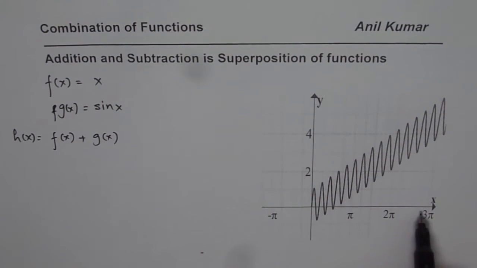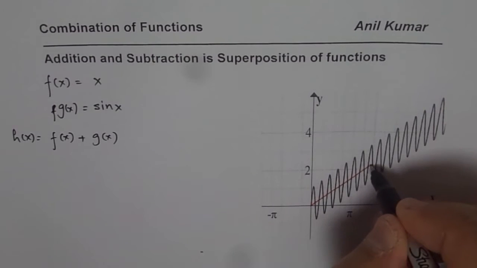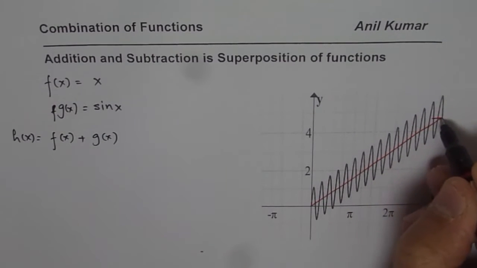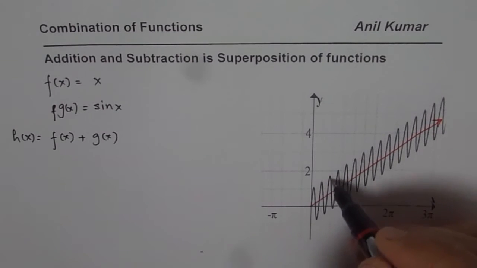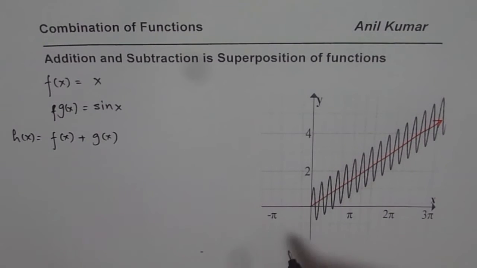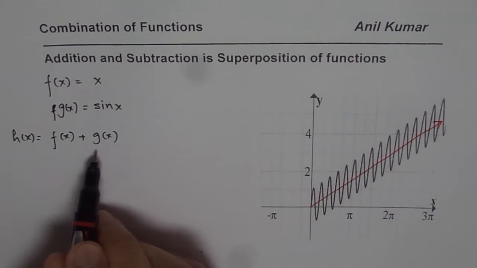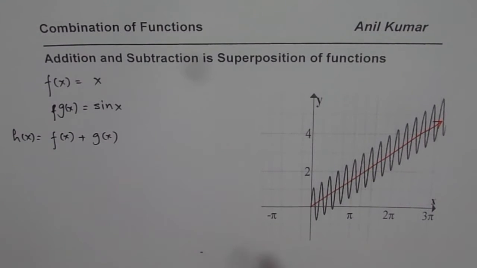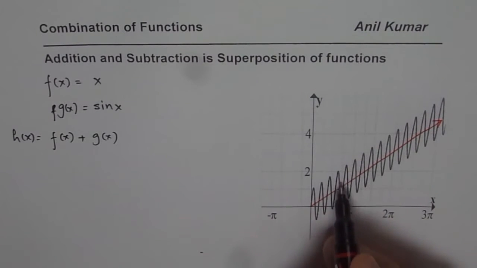As you can see on this particular graph, we have a line, let us say, which goes through. So let me just draw a line here. And on this line, the sine wave rides, right? So whenever you combine a function by adding or subtracting them, then the result is that for the respective x values, both y values get added up.